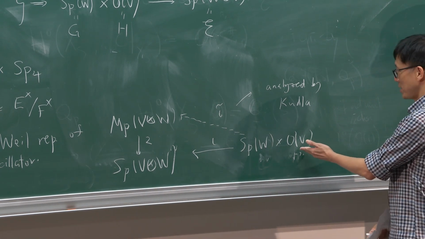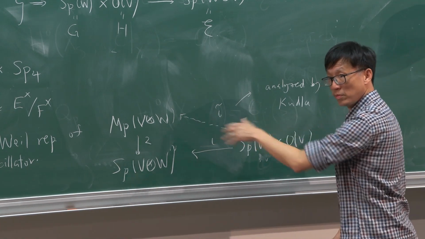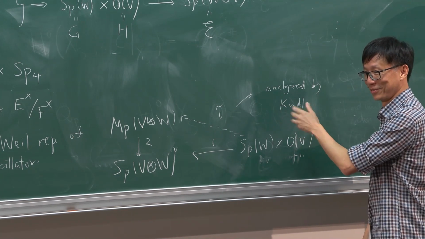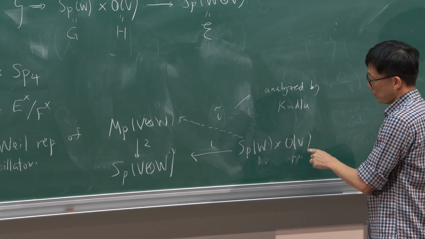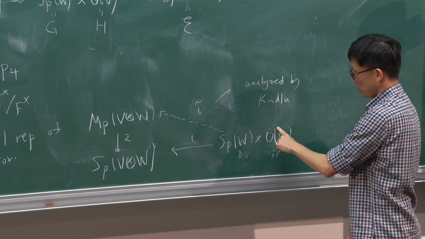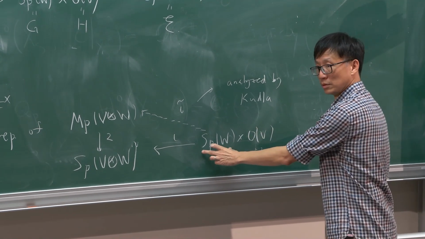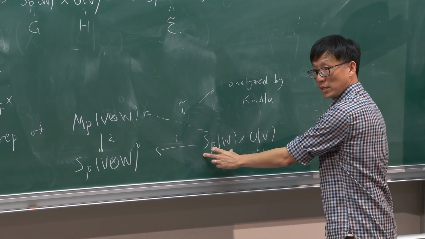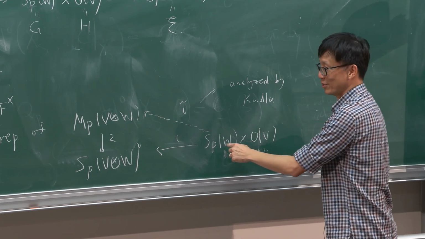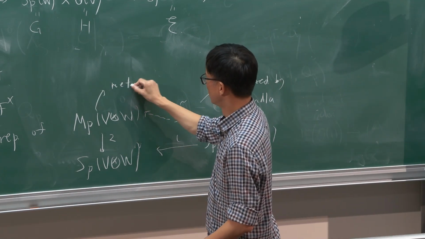The upshot is that if the dimension of V is even, such a map exists. It may not be unique, and that's why there's a need to be systematic to classify this. But if the dimension of V is odd, then you still have this diagonal arrow over OV, so you can always split over OV, but you don't have it over SP. In that case, you simply replace this group by MP of W, the analog of this metaplectic cover. It's called the metaplectic group.